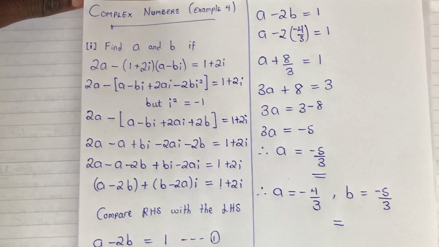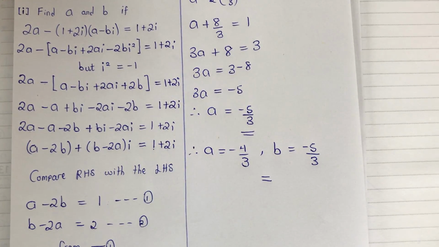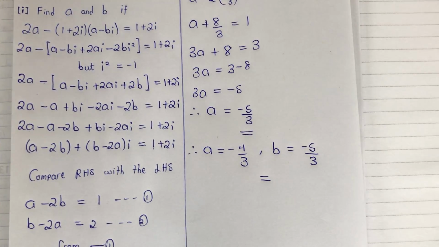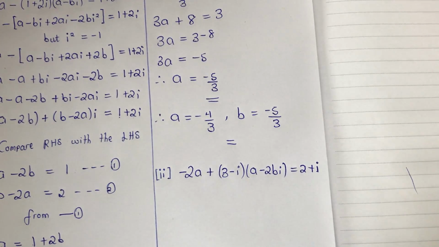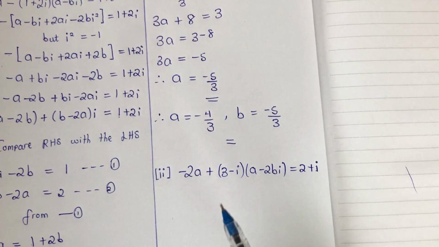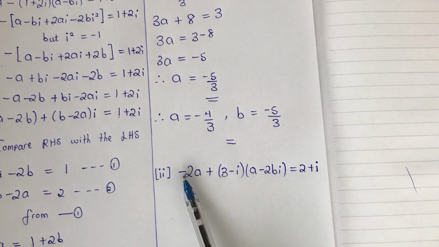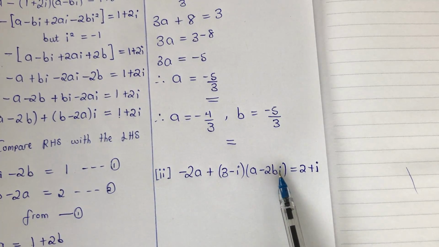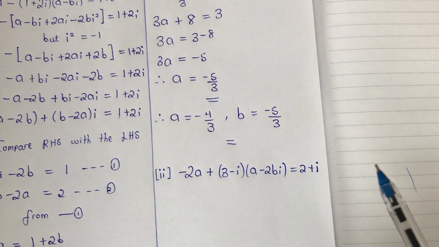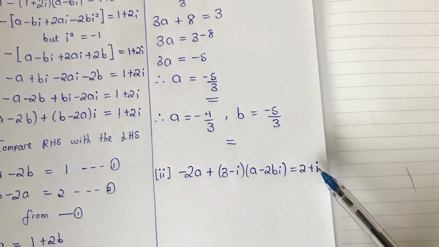So I will give you one example for you to solve. Let's solve this question. I want to challenge you. You have this function. I'm giving you this equation. We have minus 2a, 3 minus i, a minus 2bi equal to this. The only clue here is that i here means 1i.